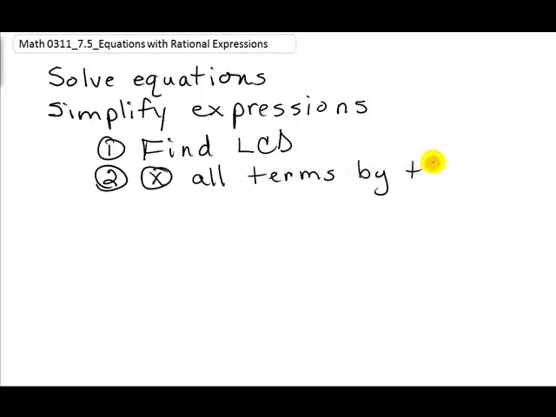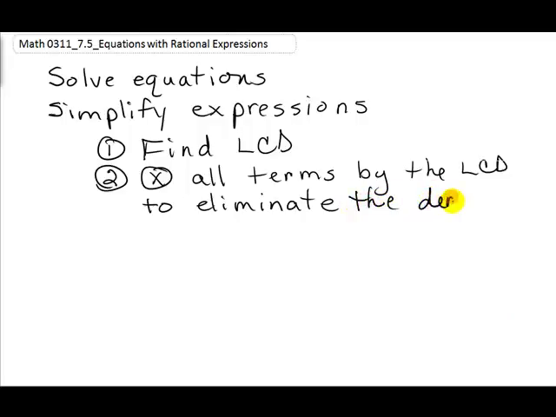by the LCD. And what will happen, this is going to eliminate the denominator.